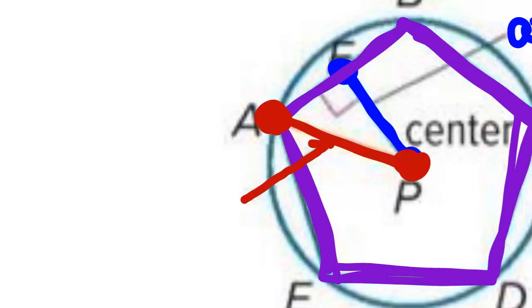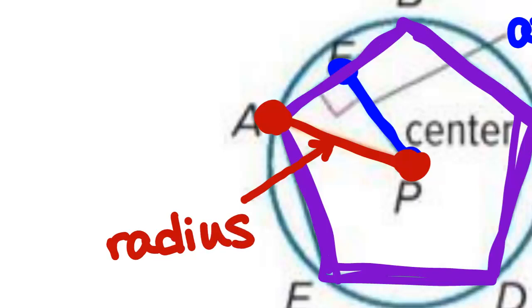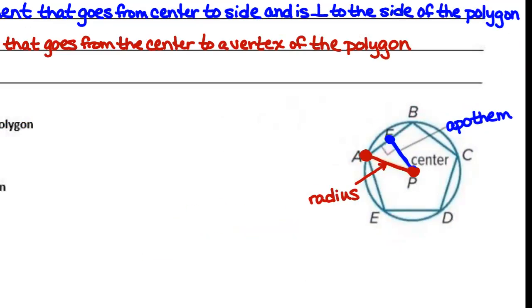So this segment right here is the radius. So if it goes from the center to the side, it's the apothem. Center to the vertex, it's a radius.